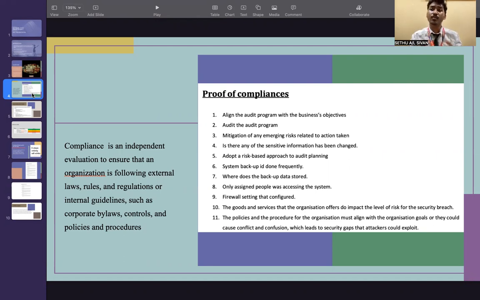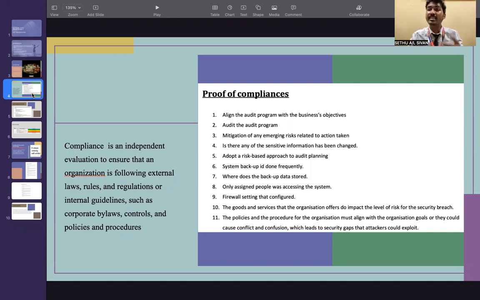So what are the proofs of compliance that we are looking for? Here I mentioned 11 proofs of compliance, such as aligning the audit program with the business's objectives, auditing the audit program, and mitigation of emerging risks related to action taken. Has any sensitive information been changed? Adopt a risk-based approach to audit planning.